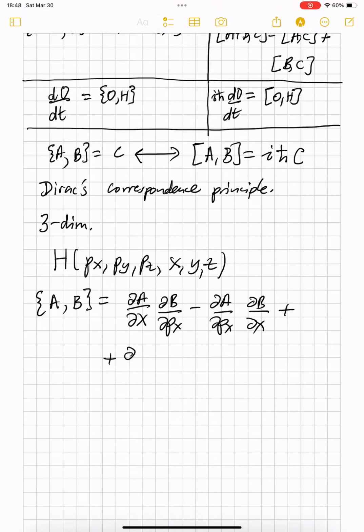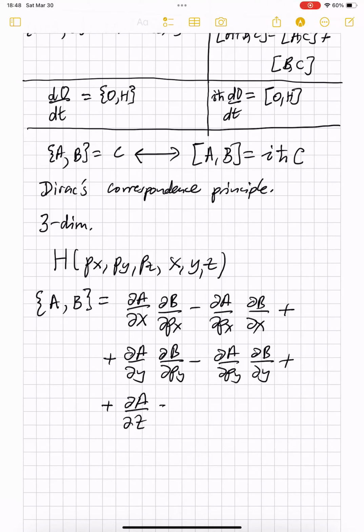So we would have plus dA/dy dB/dpy minus dA/dpy dB/dy, and then finally the same thing, but now for the z's: dA/dz dB/dpz minus dA/dpz dB/dz.